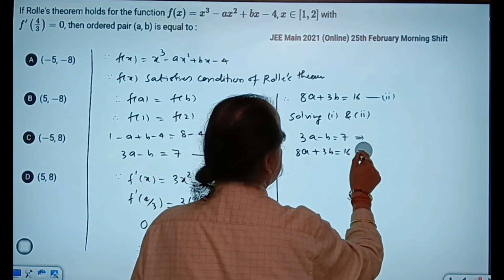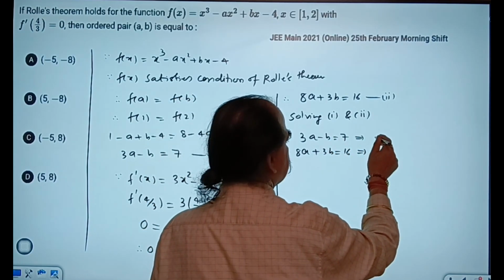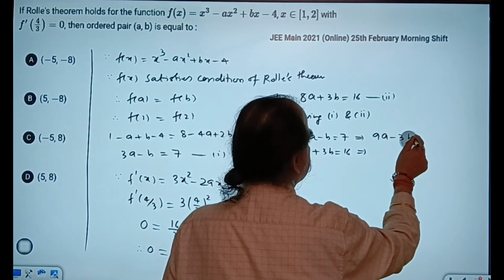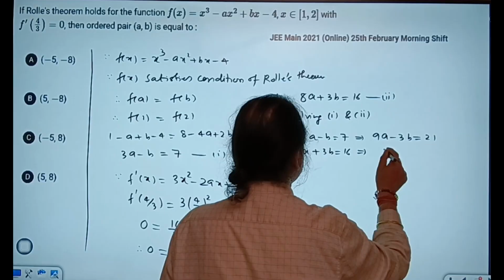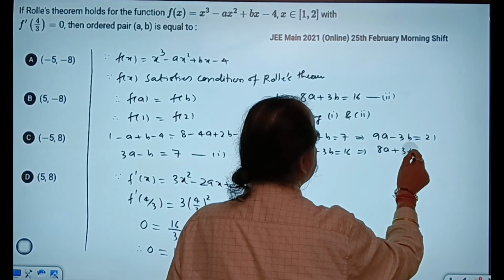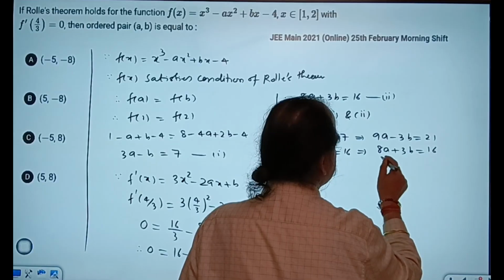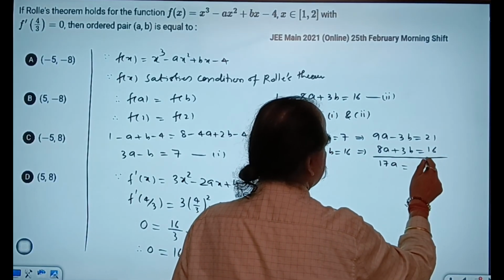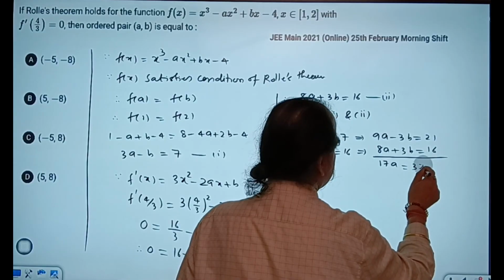Multiply 3 in first: 9a minus 3b is equal to 21. 8a minus 3b is what? 16. So 17a, 37.